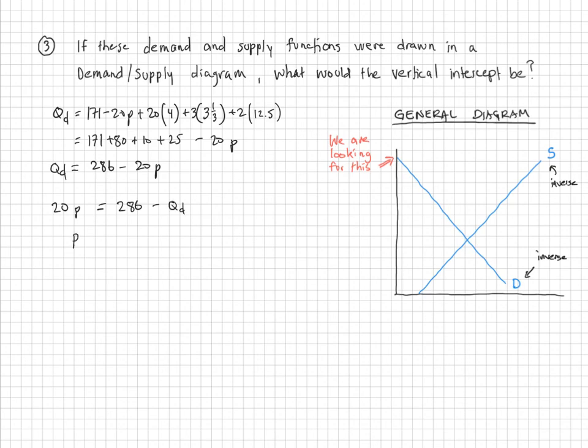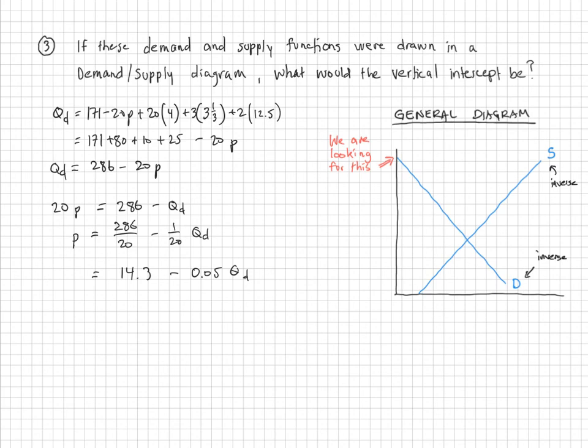And of course I have to get P by itself. So 286 divided by 20 minus 1 divided by 20 times quantity demanded. This is equal to, using my calculator, 286 divided by 20, 14.3, minus 0.05 quantity demanded.